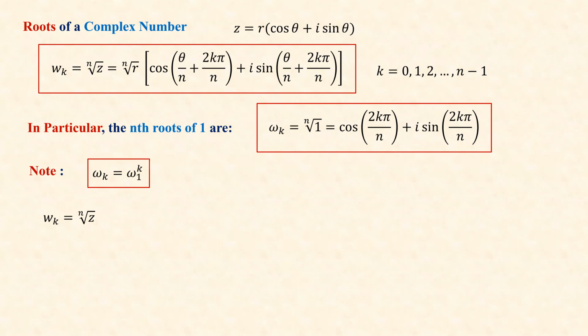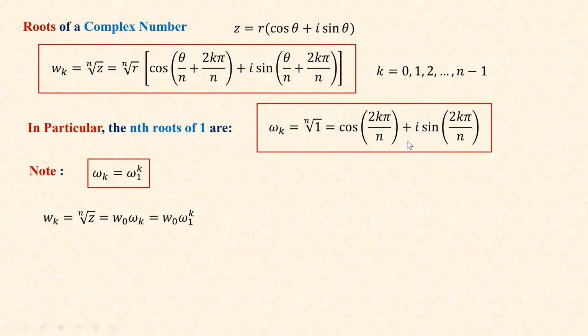So if w k is the nth root of z, you can write it as w naught, which is the first one of these when k is 0, times omega k. If you multiply omega k by w naught, you see that the arguments add, right? And the absolute values multiply. So you get that for any value. And then omega k can be written as omega 1 to the power k, so you can write it as w naught times omega 1 to the power k.